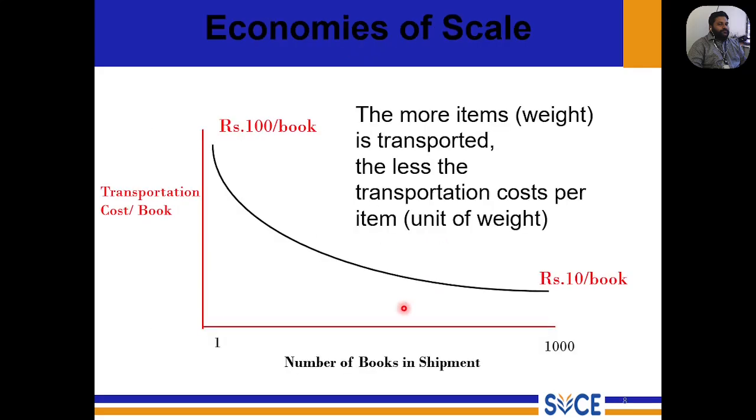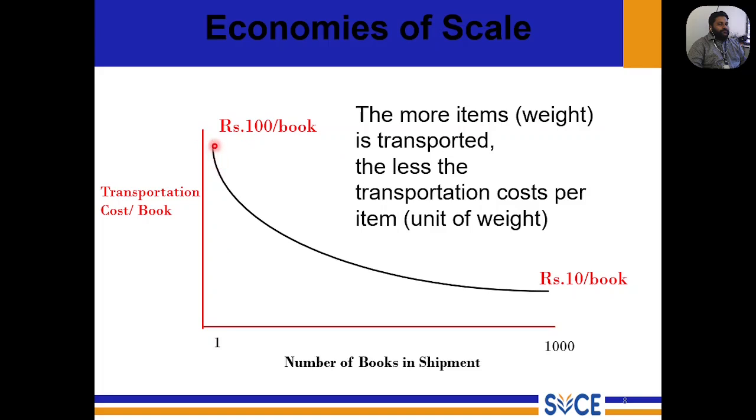This is an example of transport cost per book. When you talk about per book, your transportation cost is going to be very high because it's per item. The more items transported, the less the transportation cost per unit of weight will be. When you transport one particular book, you have to spend 100 rupees.